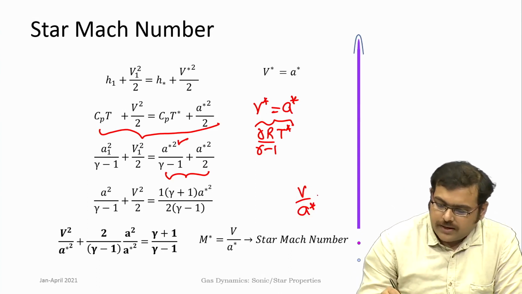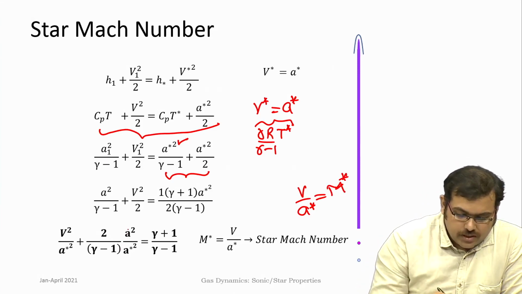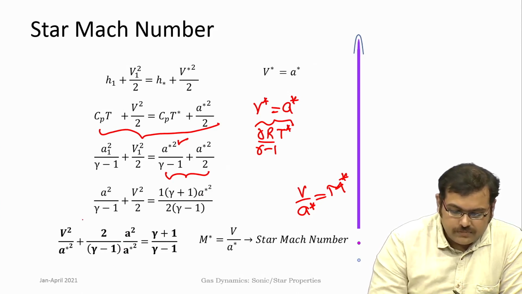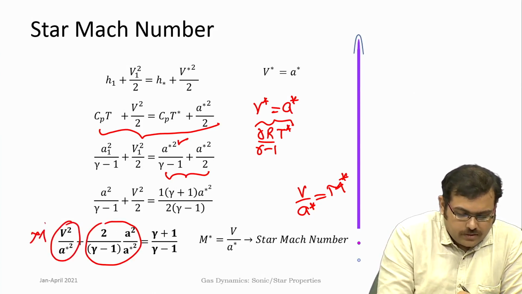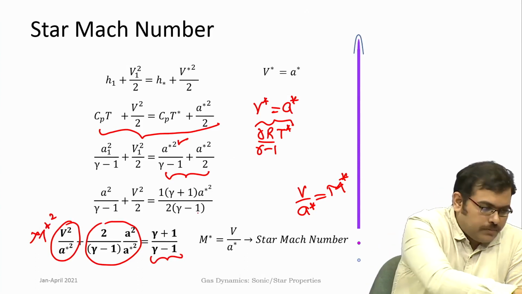This V by A star is referred to as the star Mach number or M star, and you can do the algebraic manipulations. You have divided the equation by A star square and simultaneously multiplied it by 2. So you get 2 A square by A star square, this term, by gamma minus 1. This is M star square, this is gamma plus 1 by gamma minus 1.